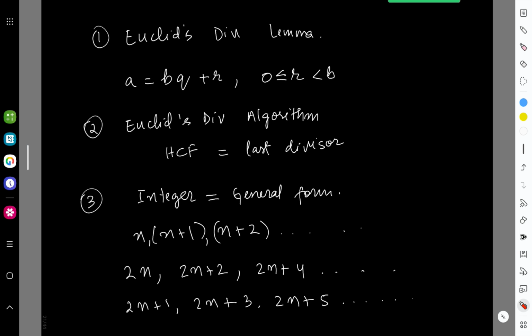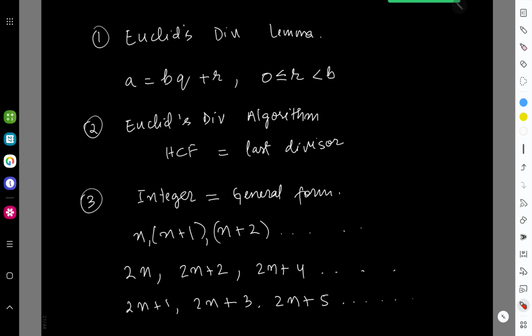We discussed Euclid's division lemma, where it said that if there are any two integers such that a is greater than b, then there will exist q and r, where q stands for quotient, r stands for remainder, and the remainder should be greater than or equal to 0, but it should be less than the divisor.